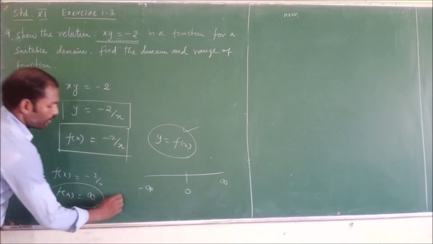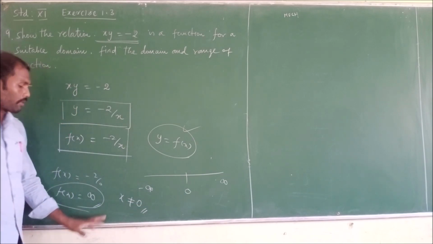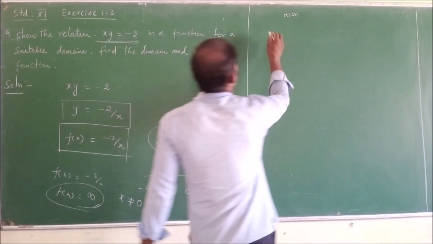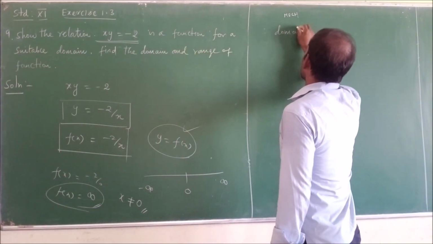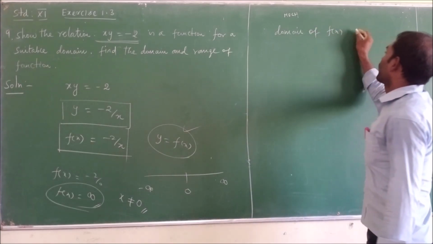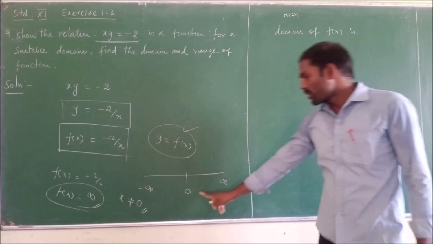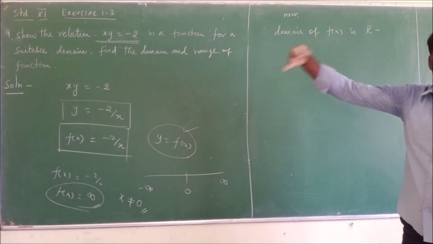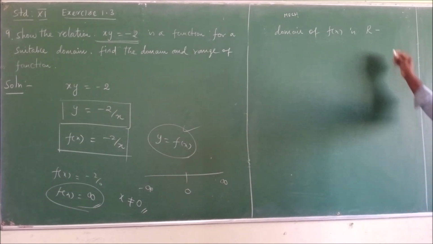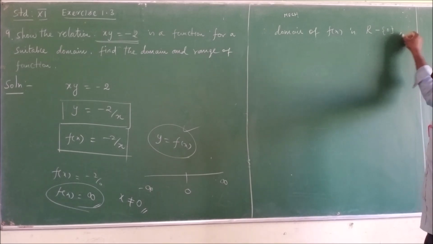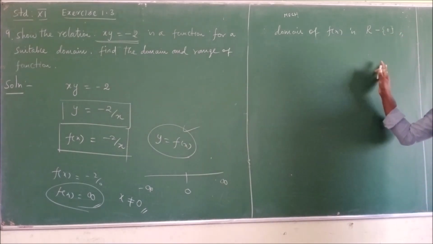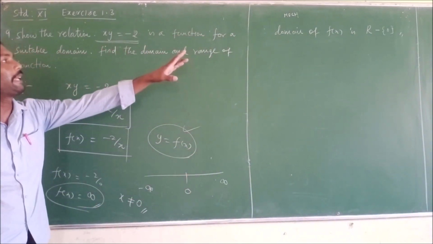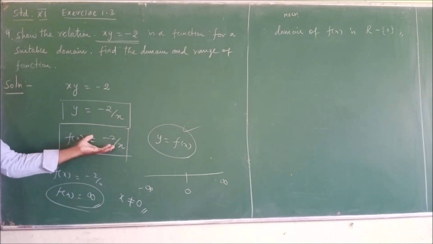So x is not equal to 0. Therefore the domain of f of x is the real line R, minus infinity to plus infinity, removing only the value 0. Removing only 0 from the real numbers is called the domain of this function.